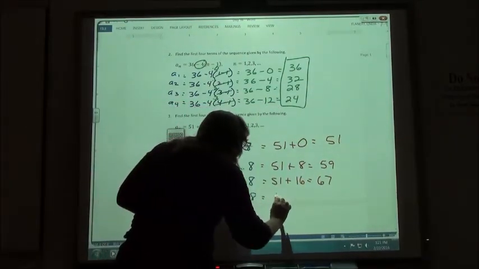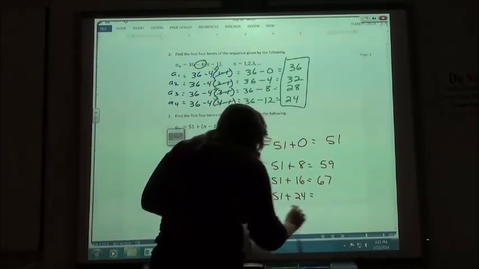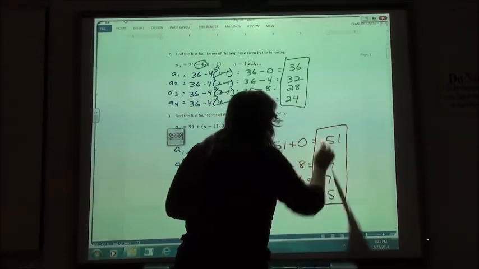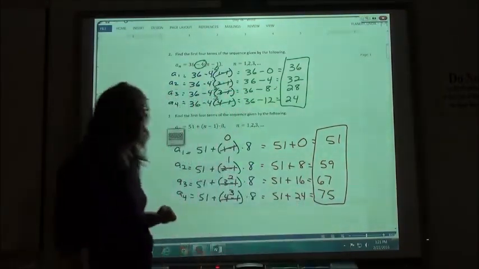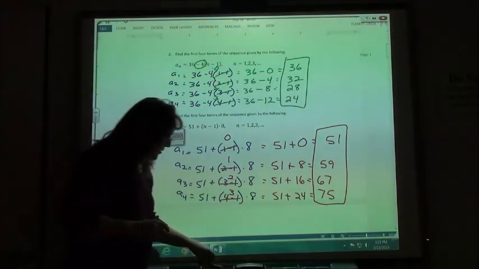And last one, 51 plus 3 times 8 is 24, which gives me 75. So on this arithmetic sequence, we added 8, and added 8 again. So arithmetic sequence, you're either adding or subtracting the same number from each of my terms in my sequence.